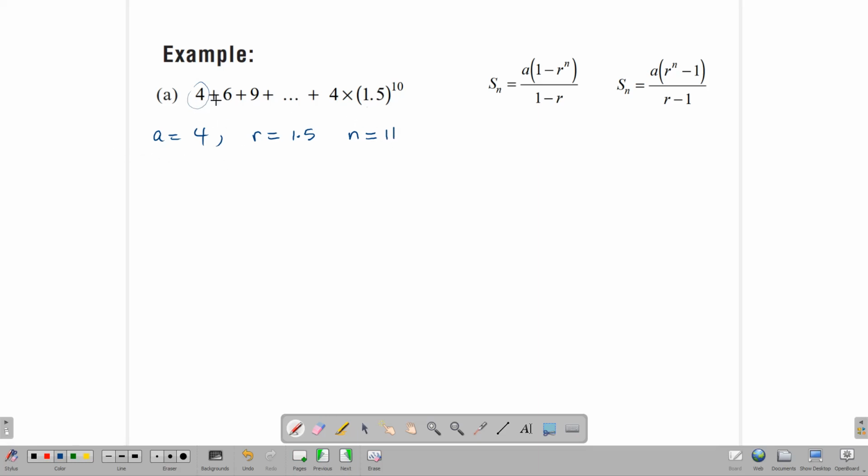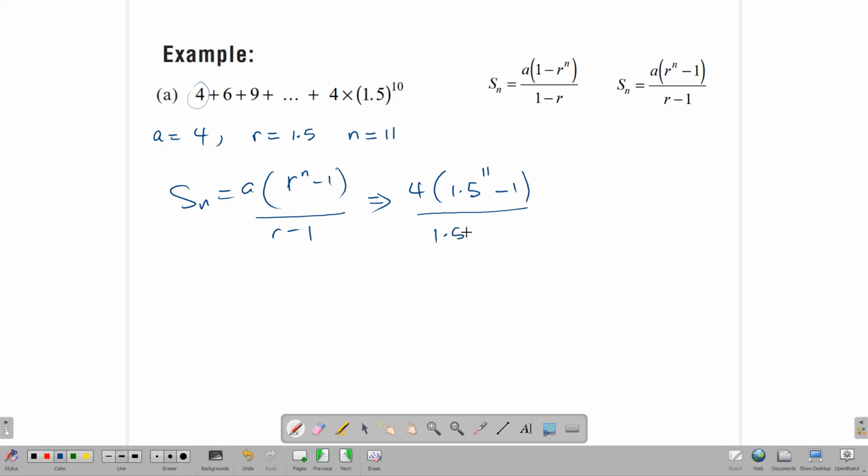It's important that we know the exact number of terms. So here, 1.5 to the 1, going up here would give us 10 terms, plus that 1 is 11 terms. So we can simply use the formula here. Sn is equal to a times r to the n minus 1 over r minus 1. And a simple substitution gives us 4 times 1.5 raised to the 11th, since there are 11 terms, minus 1, over 1.5 minus 1.